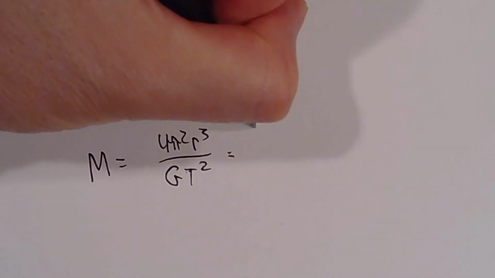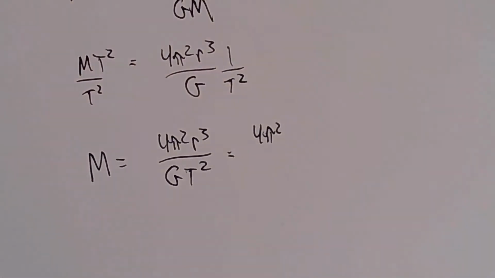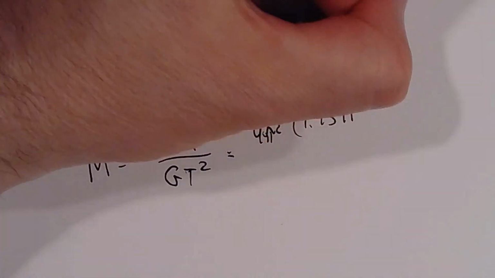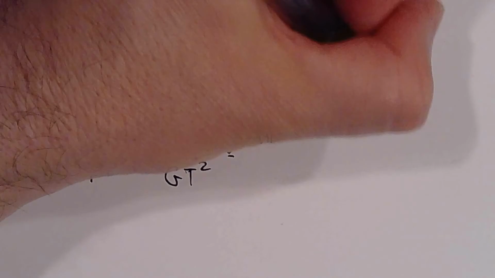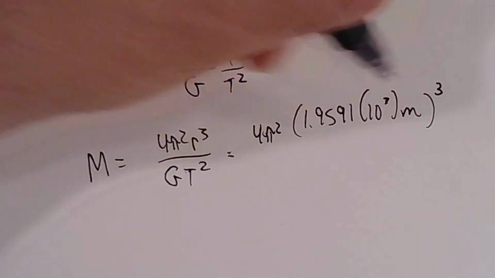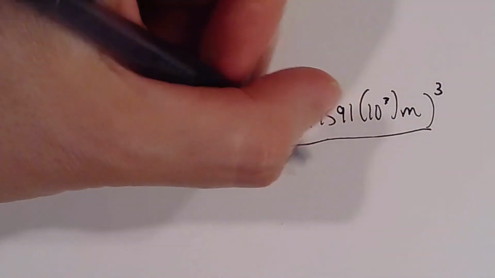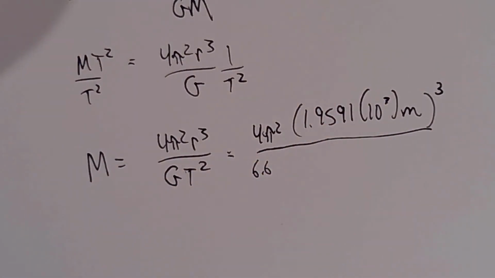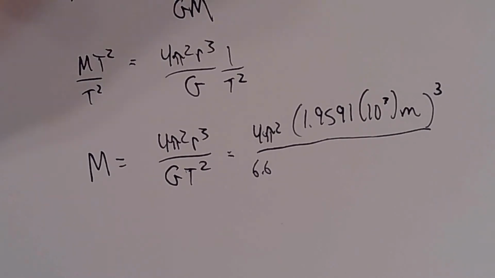So 4 pi squared r cubed, 1.9591 10 to the 7th meters. Don't forget to cube it. Divided by G, 6.67.